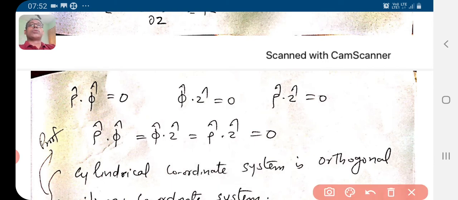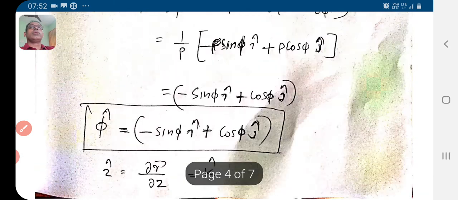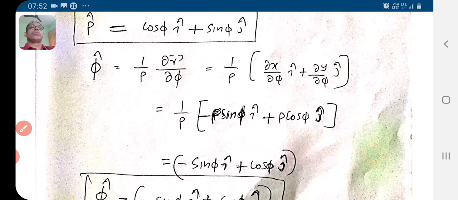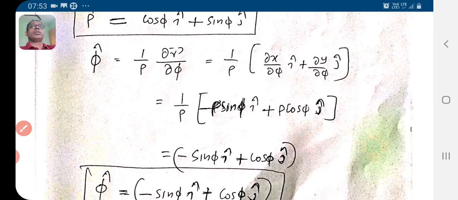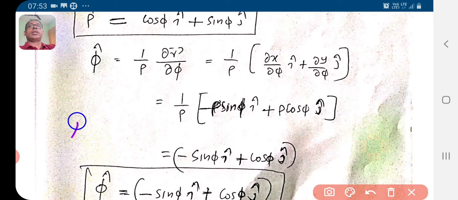Then we can show that rho dot phi is 0. This is rho and this is phi. So what will be rho dot phi? We are taking the dot product.